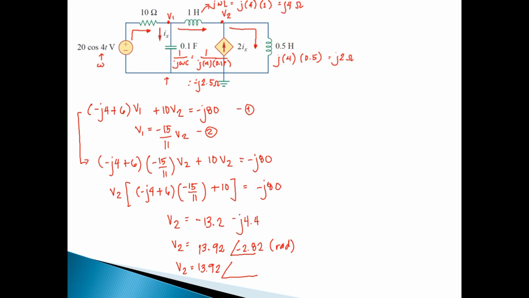So in degree, we have negative 161.57 degrees volts. So this is our V2.